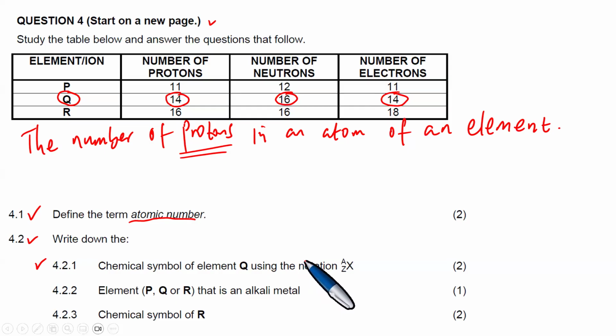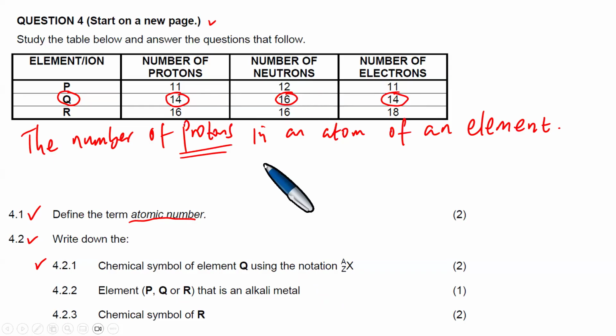If you look at the number of protons, 14, the atom is neutral: the protons and electrons are the same number, but the neutrons are 16.